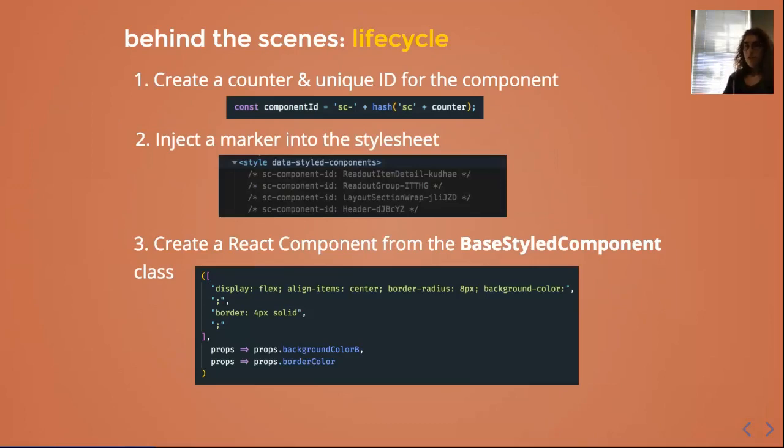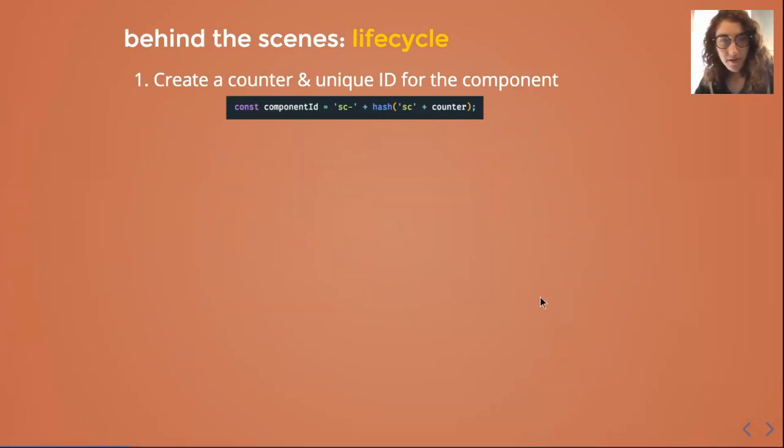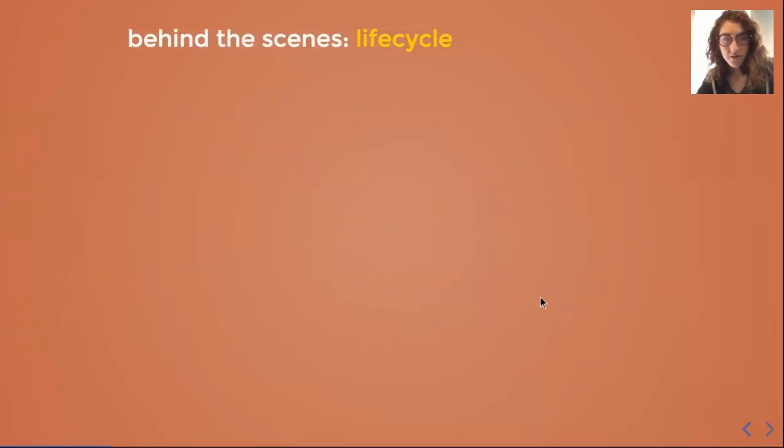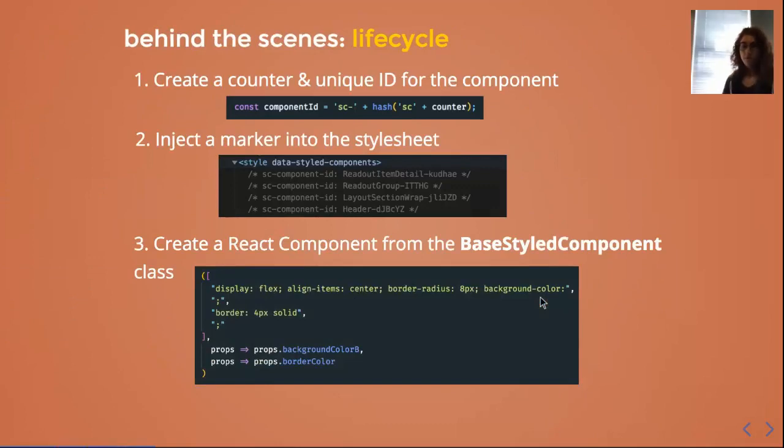And what it does is first parse that tagged template literal. So this is an example of what that might look like if we were rendering, let's say, this card component here. This is what the arguments might actually look like for that. So we have that array of strings split on the interpolations and then the functions.